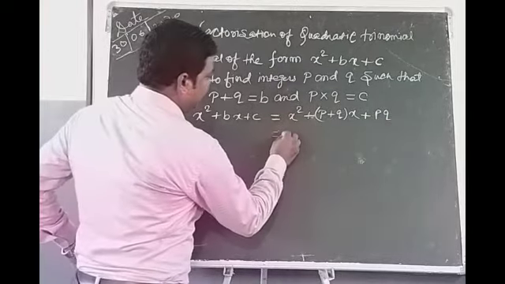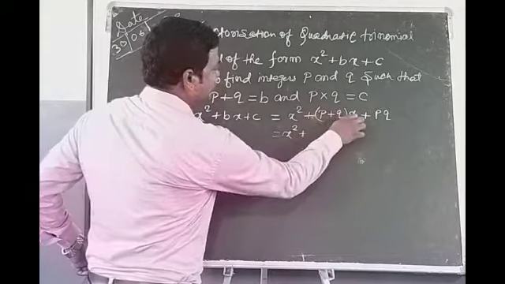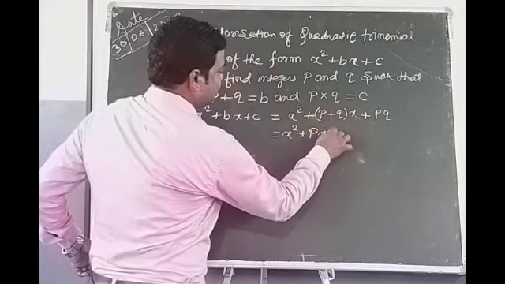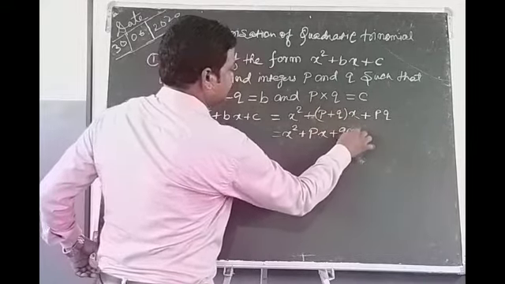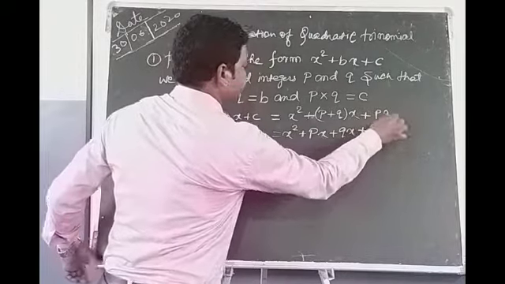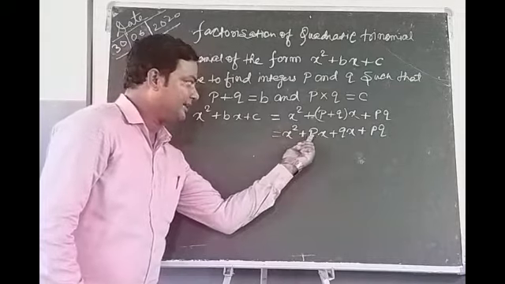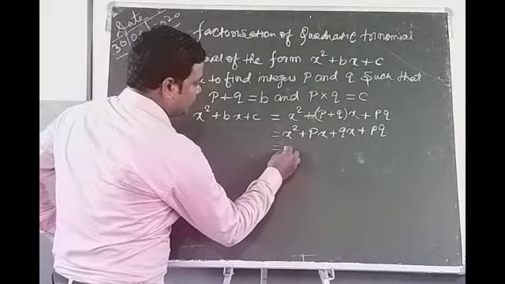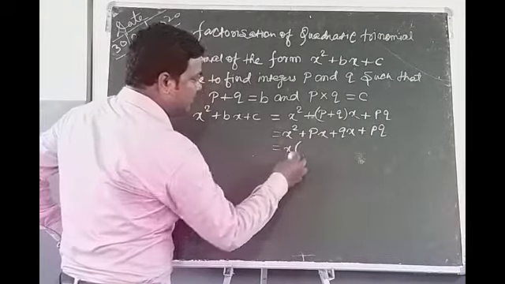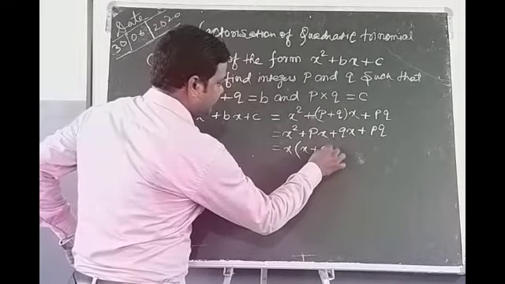Now look here, x square plus px plus qx plus pq. In these two terms, what is common? Here is x square, here is px. The common term is x, so x taken common gives x plus p.